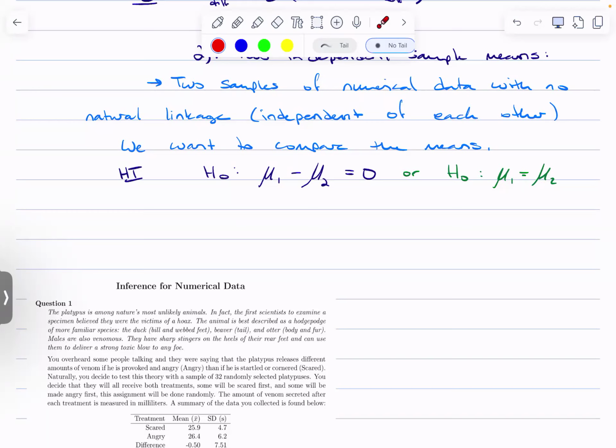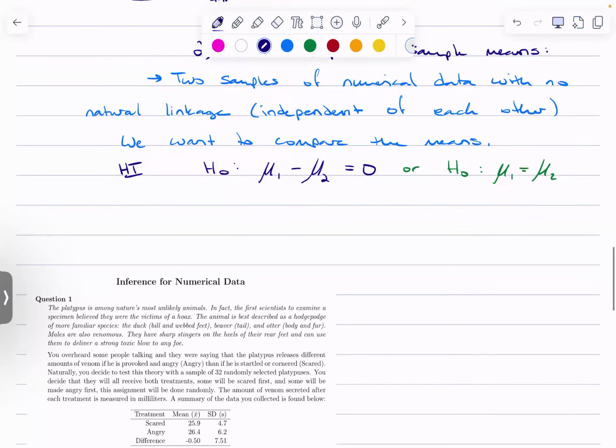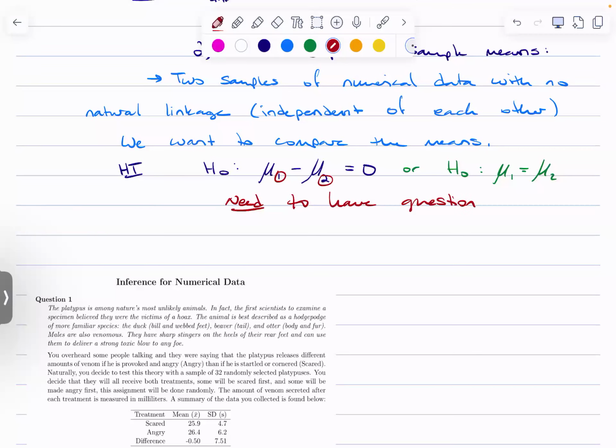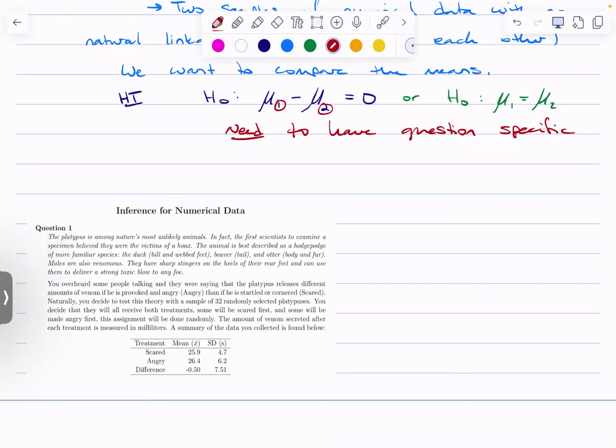Okay, so then we're juggling and we need to have question-specific subscripts. Same as the proportions, right? You can't just say P1 and P2. I have to know which group is which one, especially if you have a one-sided test, but just in general, I want to see it in your hypotheses. In your test statistic, it's way too tedious, so you don't have to.